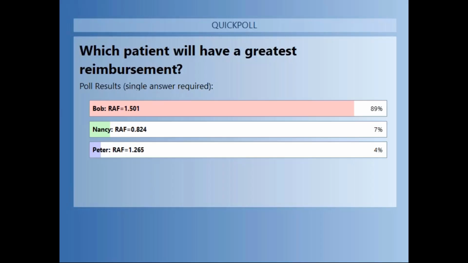So it looks like the majority of you, at 89%, are saying the greatest reimbursement would be for Bob, followed by Nancy at 7% of our audience, and then the slight minority at 4% is saying it would be Peter. Yeah, so great job, everyone. That's correct. Bob has the highest risk adjustment factor score, so that's going to yield the greatest reimbursement for that plan to take care of his condition.